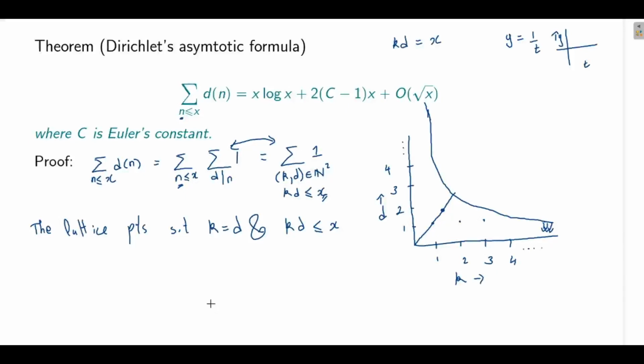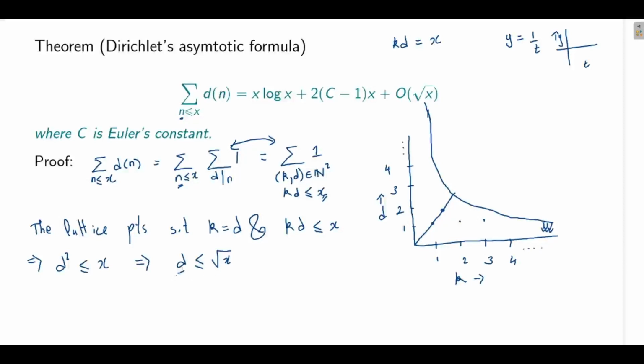So two conditions should be satisfied, which would mean that, substituting k equals d, you will get d squared less than or equal to x. Or in other words, d should be less than or equal to the square root of x.